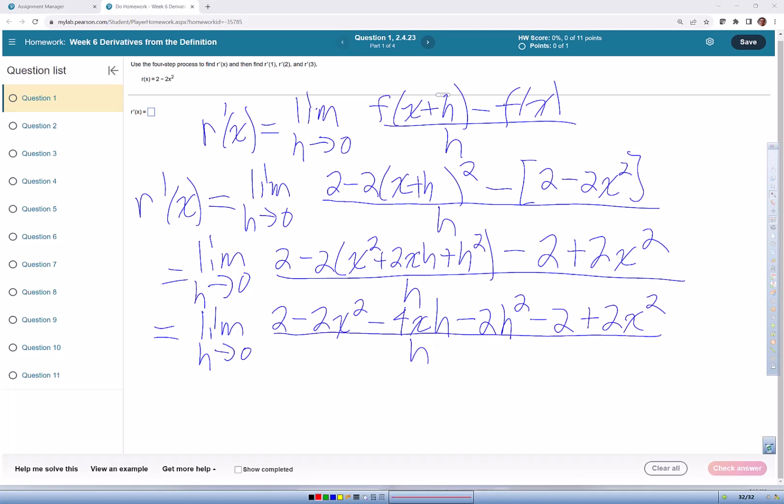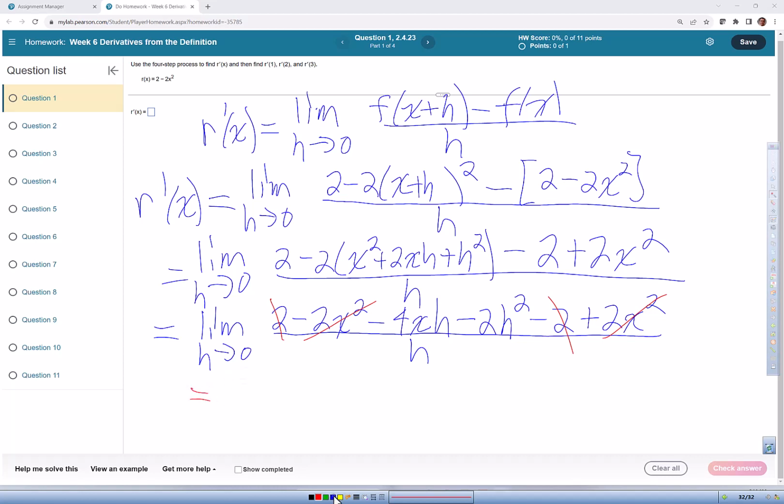Now I can simplify this sum. Positive 2 minus 2 cancels to 0. Negative 2x squared plus 2x squared cancels to 0. So I've got a much simpler expression here.